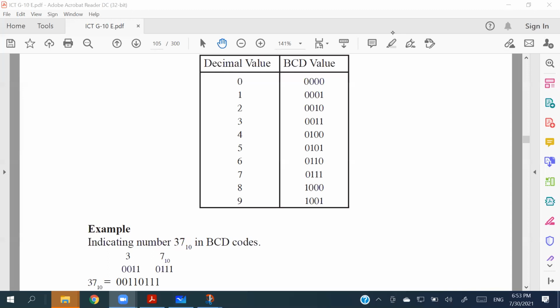Inupama, copy down the example as well. Right, okay.